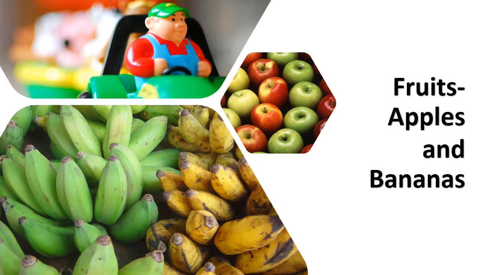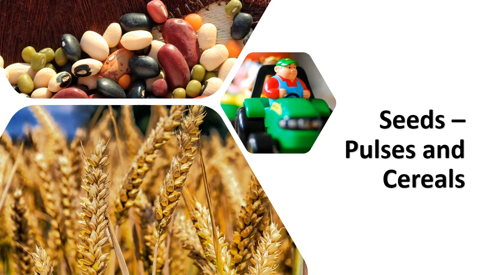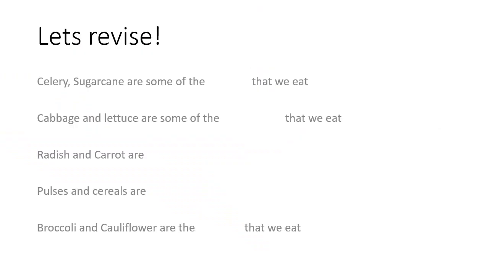Here a fruit, there a fruit, everywhere a fruit, fruit. And on his farm he had some seeds, with some pulses here and cereals there. Here a seed, there a seed, everywhere a seed, seed. Old MacDonald had a farm, E-I-E-I-O.